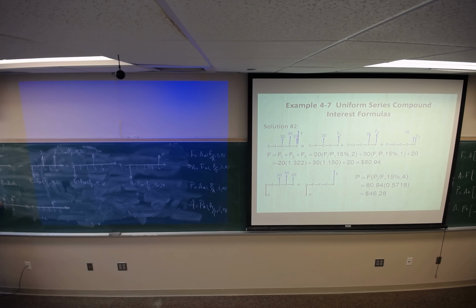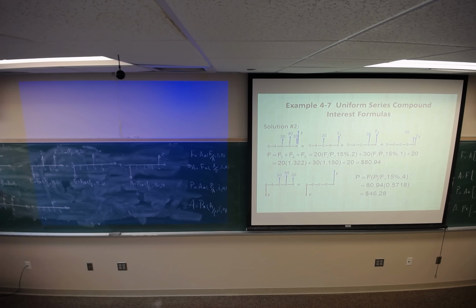But to make it similar to uniform series of the payment, just set a year number of 1 to this, year number 2 to this, and year number 3 to this, and this is going to be year number 0. So 0, 1, 2, 3. Now, if you look at 0, 1, 2, 3, it's a uniform series of the payment. If you are looking for P, P1 would be A times P over A, interest rate is 15%, number of years is 1, 2, 3.